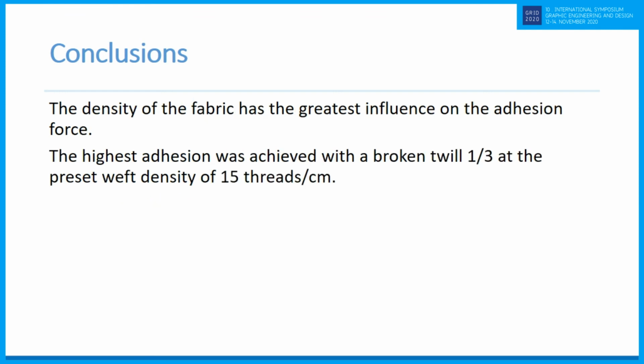In general, we have found that the density of the fabric has the greatest influence on the adhesion force. If you observe the differences between the widths, we find that the highest adhesion was achieved with a broken twill 1,3 at the preset weft density of 15 threads per centimeter.